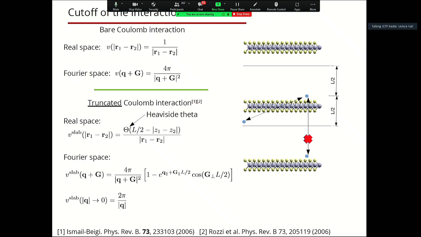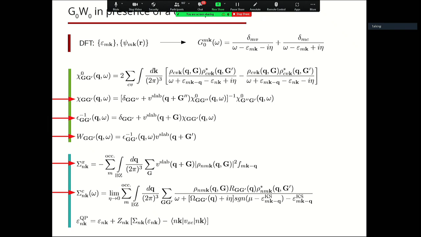And this will change the dielectric properties. So again, if we look at the G0W0 formulas in one slide, we can see that changing the interaction changes more or less all the formulas, because of course the Coulomb interaction is one of the main ingredients of a G0W0 calculation.